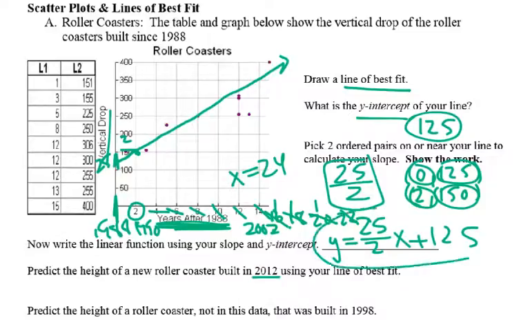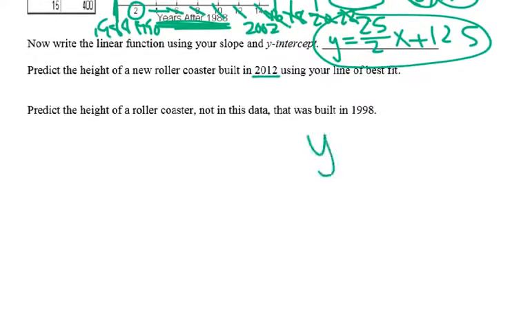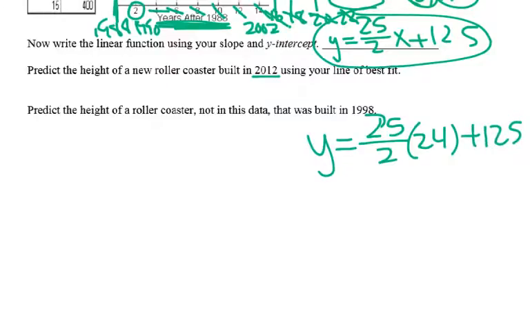So using my equation, I can actually put 24 into my equation to solve for it. And that's why having that line of best fit is helpful. Okay? So 25 over 2 times 24 is 25 times 12. So what's 25 times 12? You get out a calculator.